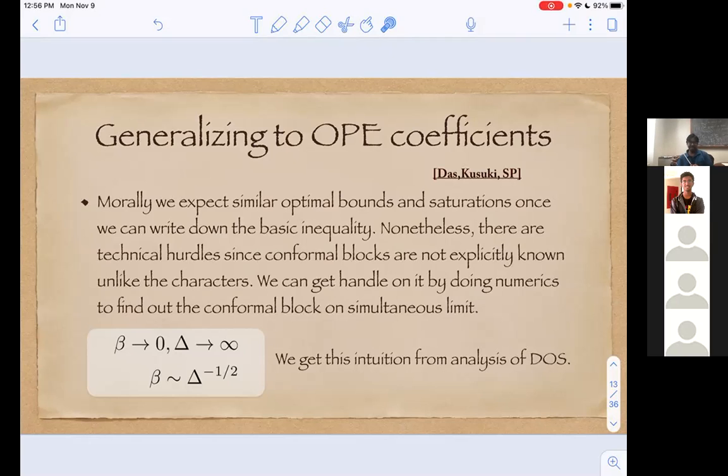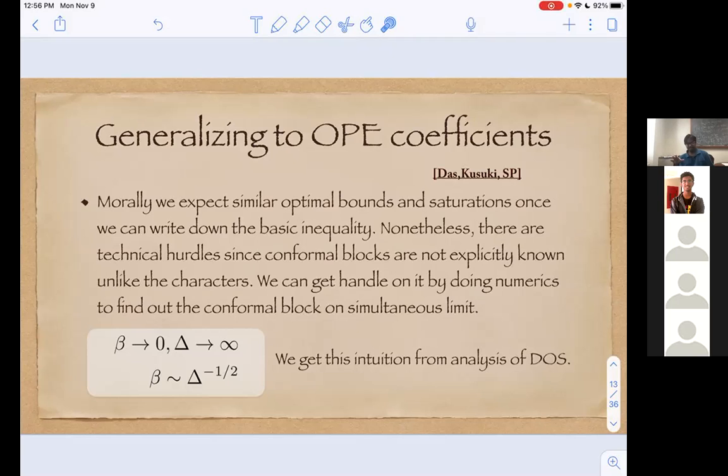One can write down an expression of those characters in closed form, and then write down an explicit partition function which only counts the Virasoro primaries. But this is not really true when you talk about OPE coefficients, because instead of characters, what you have are conformal blocks, and the conformal blocks are not explicitly known, unlike the characters. So we can only get a handle on this by doing some numerics.